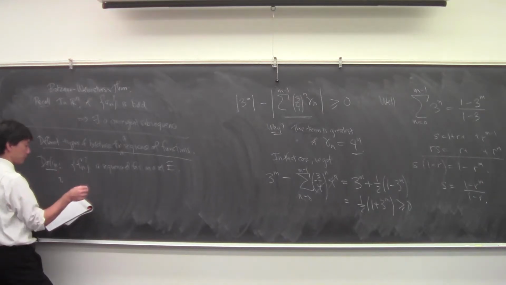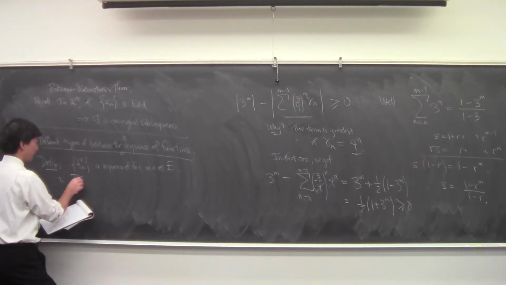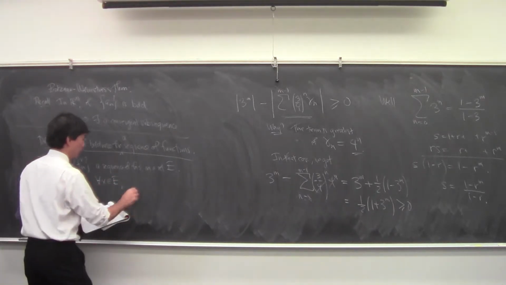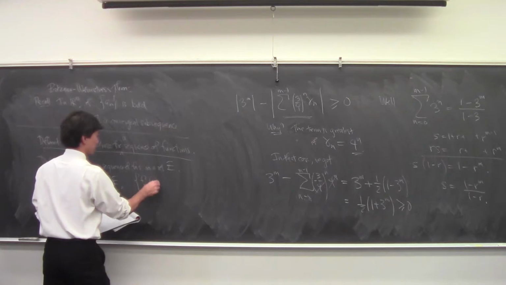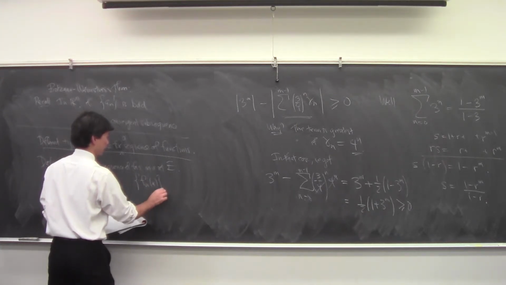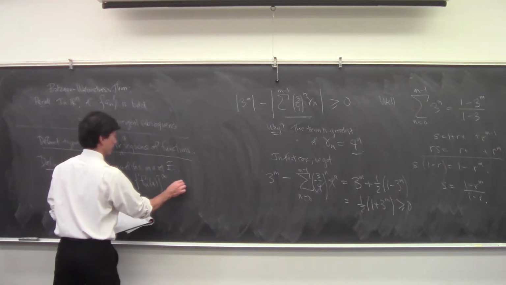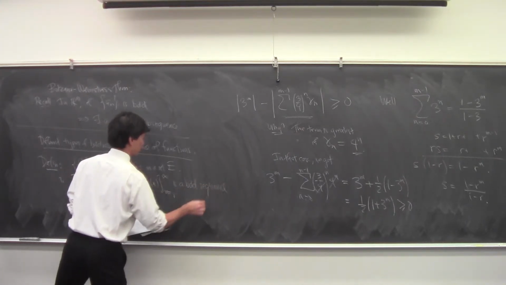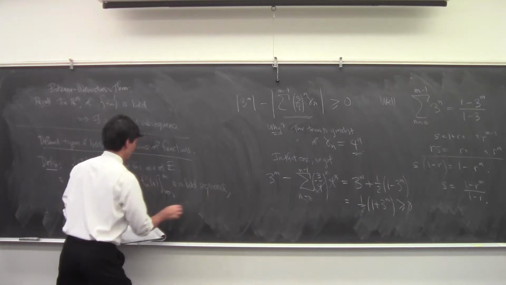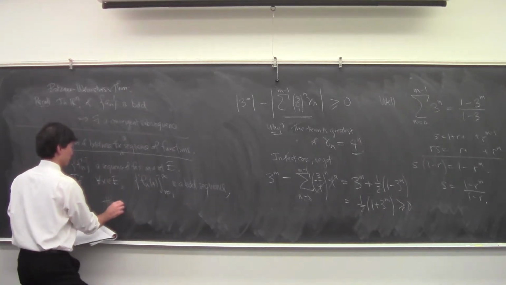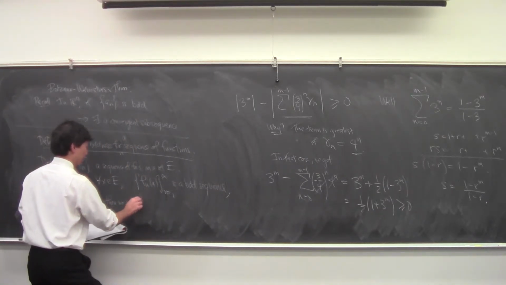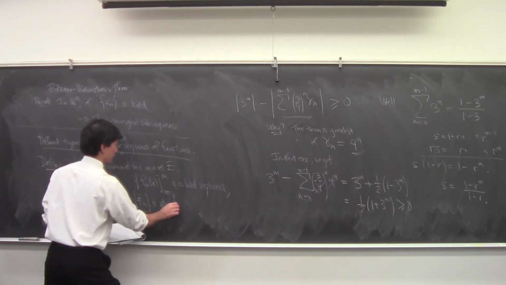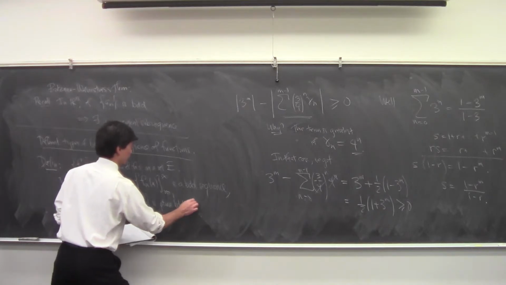So if for all x in E, fn(x), n from 1 to infinity, is a bounded sequence, then we say fn is pointwise bounded on E.